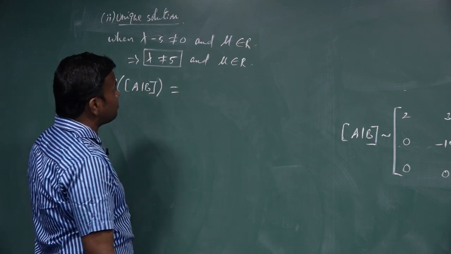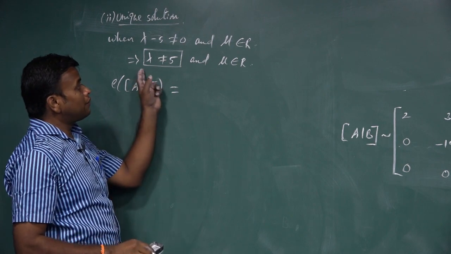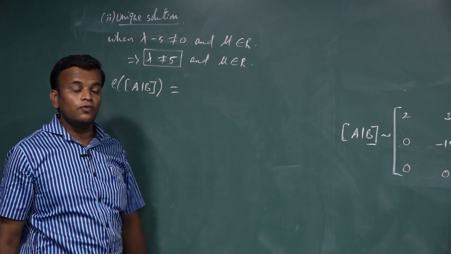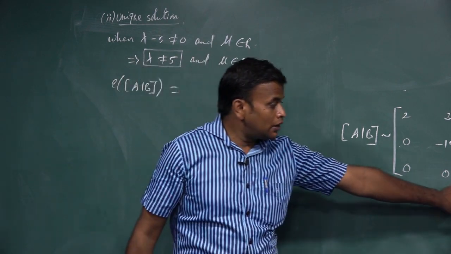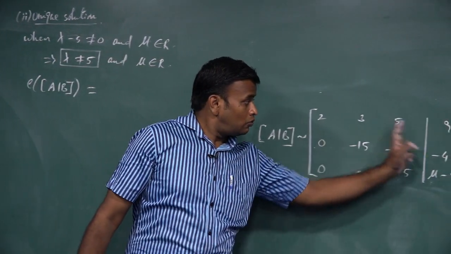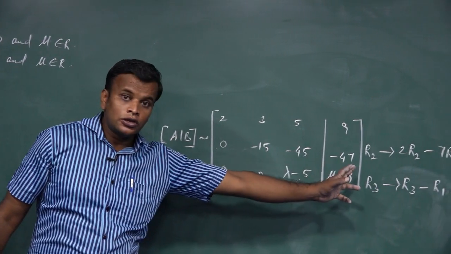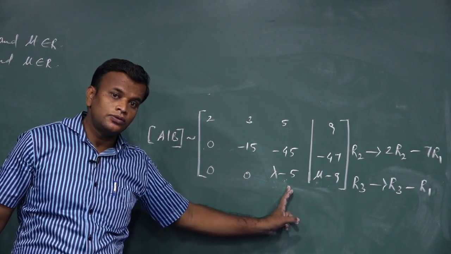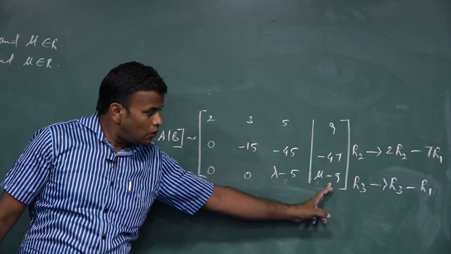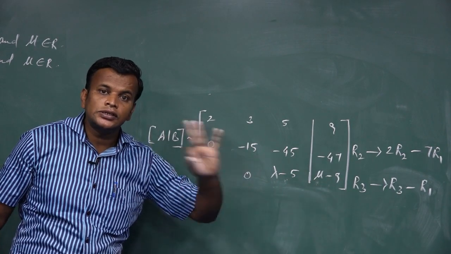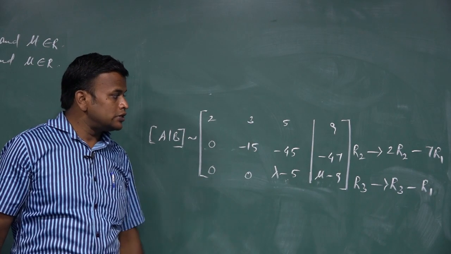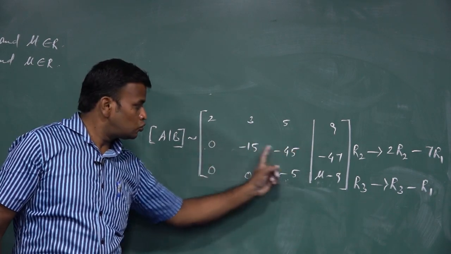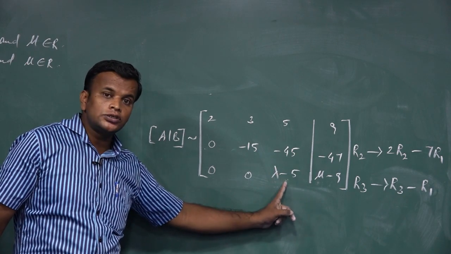What is the rank of [A|B]? Now the value of lambda is anything except 5, not equal to 5. We put any value other than 5. So here: 1 non-zero, 2 non-zero, 3 non-zero, because this one is not equal to 0. This may be 0 or non-zero. The rank of [A|B] is 3. And also you see, what is the rank of A? 1 non-zero, 2 non-zero, and this one is also non-zero.